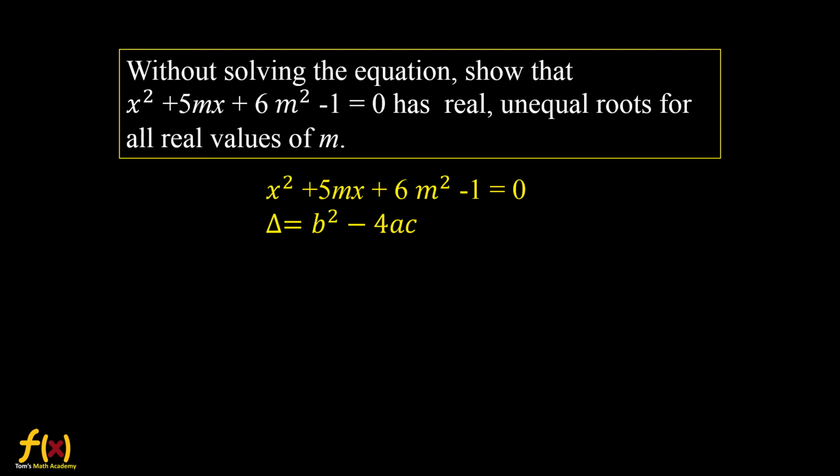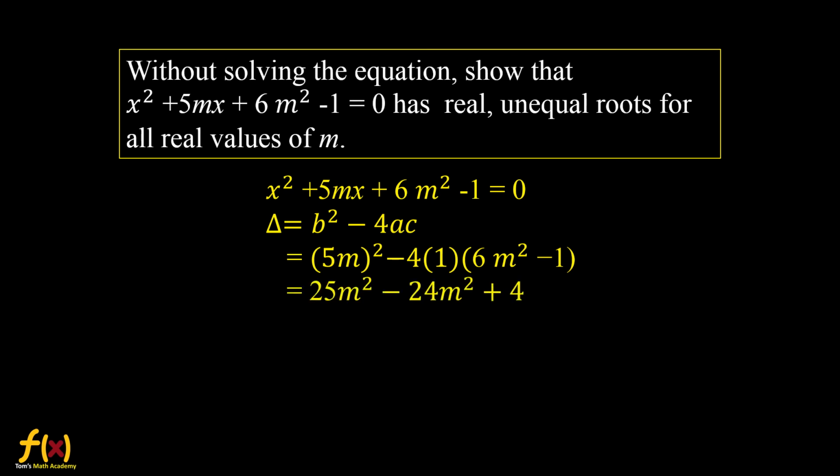Delta means b square minus 4ac. We substitute very carefully 5m whole square minus 4, a is 1, c is 6m square minus 1. Simplifying, we get 25m square minus 24m square plus 4, which is going to be m square plus 4.